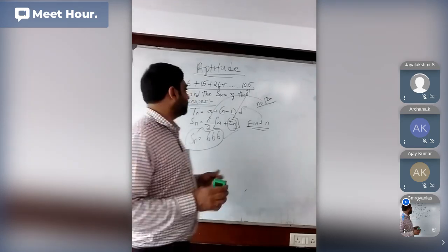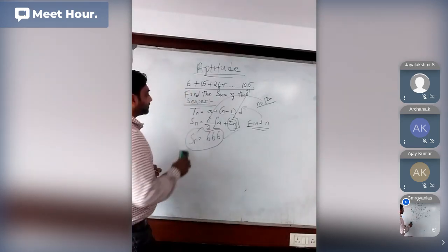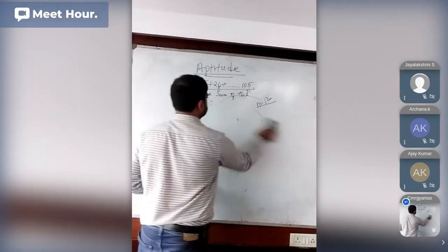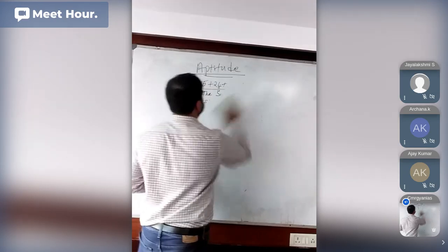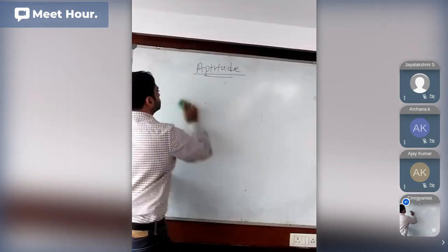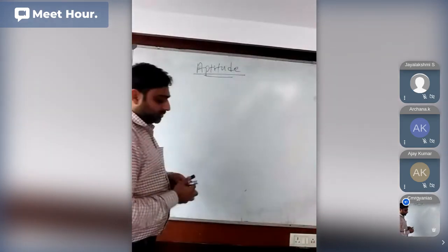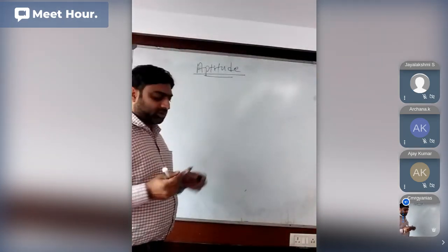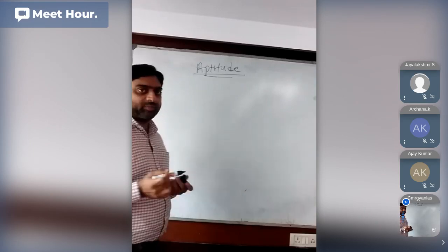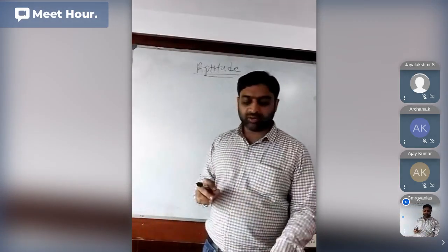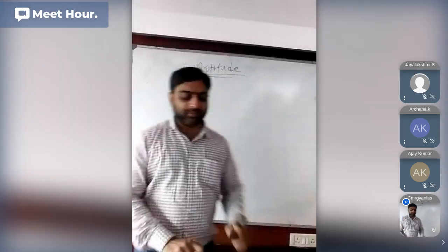Okay, so I'll go into the next question now. Please try to solve it. I don't know whether people are solving it or not. Please unmute yourself and let me know if you're not getting any answer.